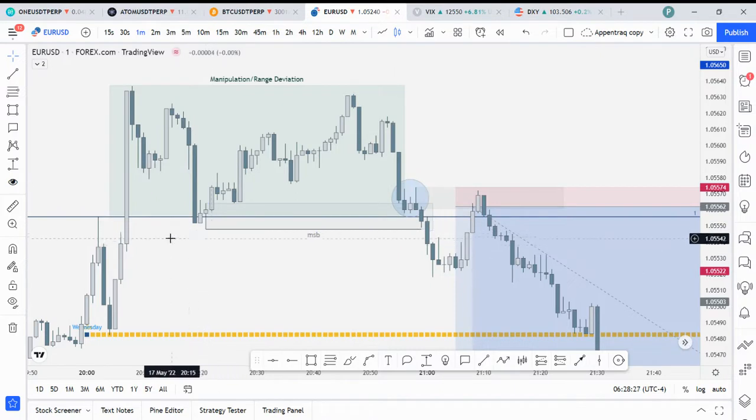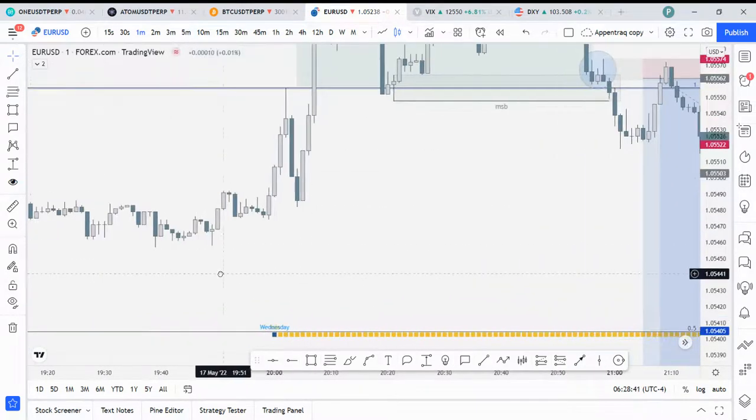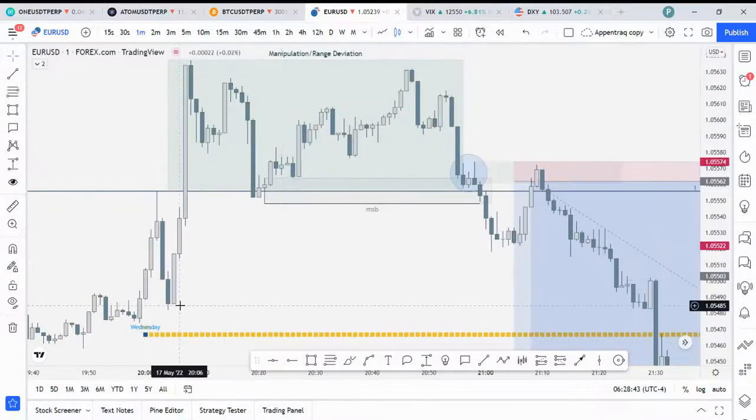This is a low. This low is also a strong low because it broke this high. Though if you look at the overall market structure, this is the low that needs to be broken for you to have a market structure shift.